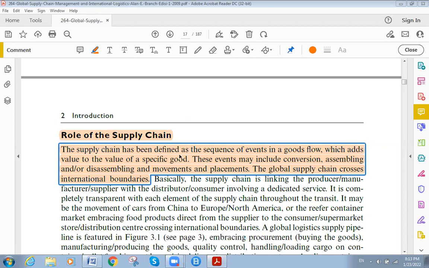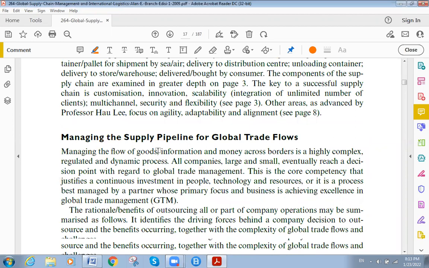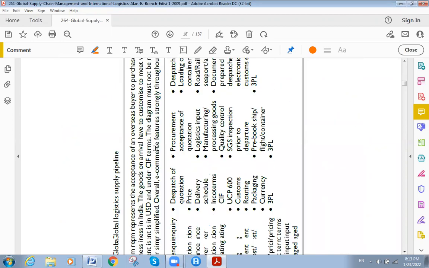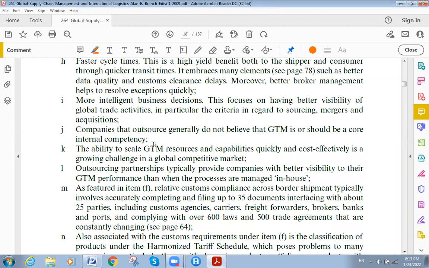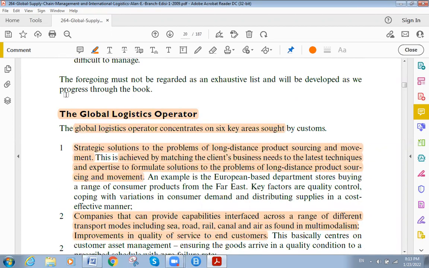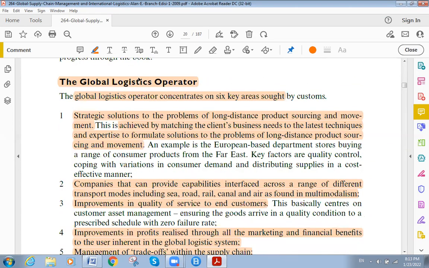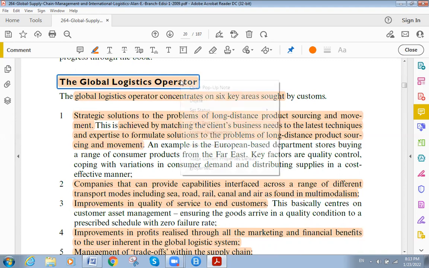Okay, my dears, we'll go to the second part now. We're talking about the global logistic system and the global logistic operators. What will they concentrate upon?